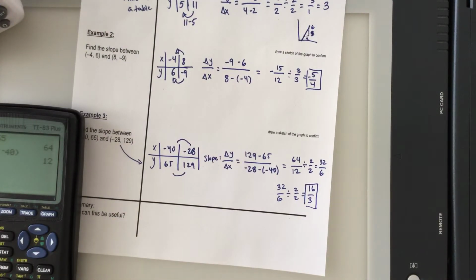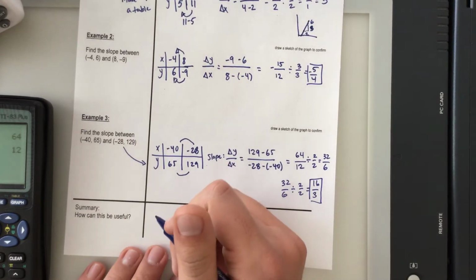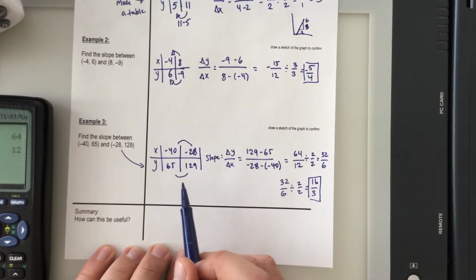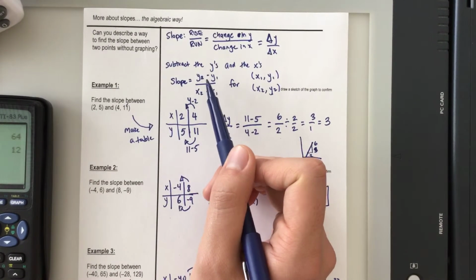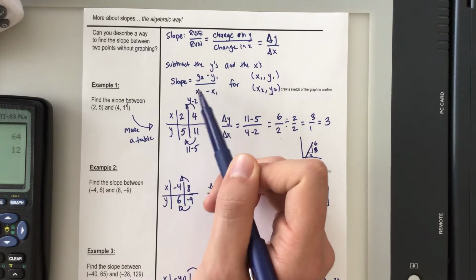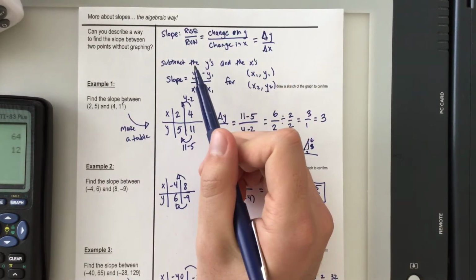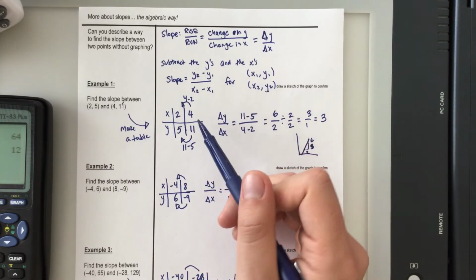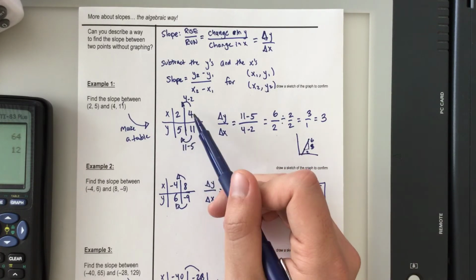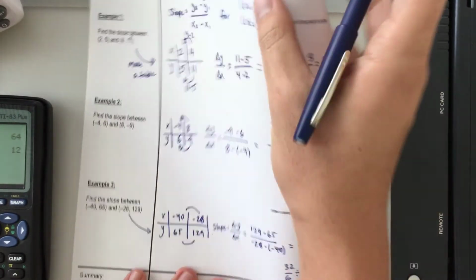So, summary, how can this be useful? We can use this formula, y2 minus y1 over x2 minus x1. Basically, it's saying our change in y and our change in x.